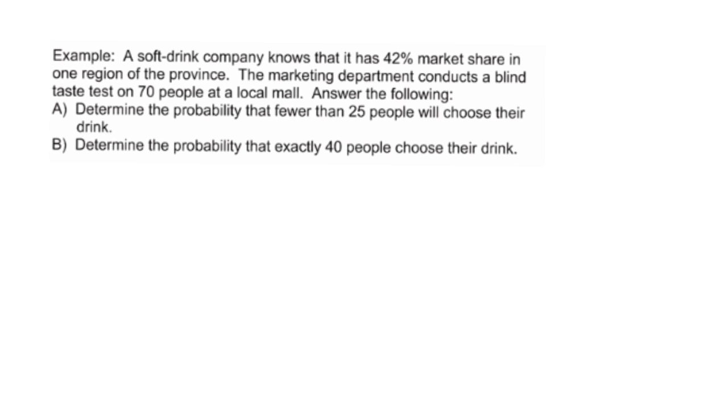Soft Company knows that it has 42% market share of one region. The marketing department conducts a blind taste test on 70 people. So in this case, here's what you need to know. N is equal to 70, right? Answer the following. Determine the probability that fewer than 25 people will choose their drink. So the fact is they say that there is a 42% market share. So for winning, we choose their stuff.